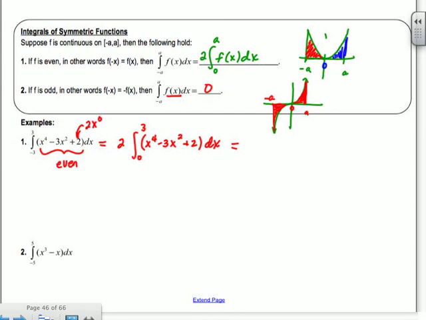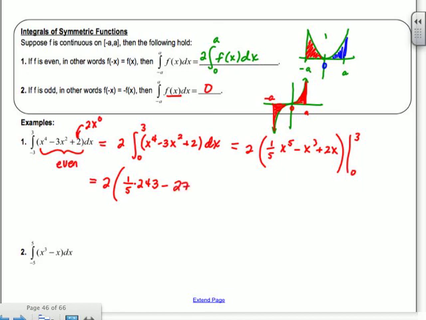So let's try some of these. So let's say you had to find this, negative 3 to 3, and you notice that all of the powers are even, right? 2 is really 2 times x to the 0. So all of the powers are even. So that means the whole polynomial is even. So that means you could just double the integral from 0 to 3, x to the 4th minus 3x squared plus 2 dx.